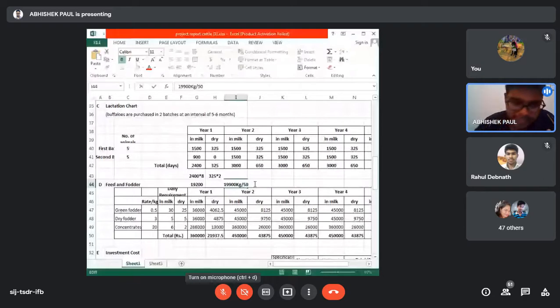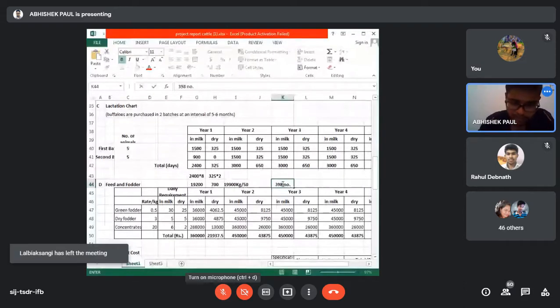So you see 398. That means we'll get 398 number of gunny bags. Is it clear? How to calculate the gunny bag? Yes, sir.